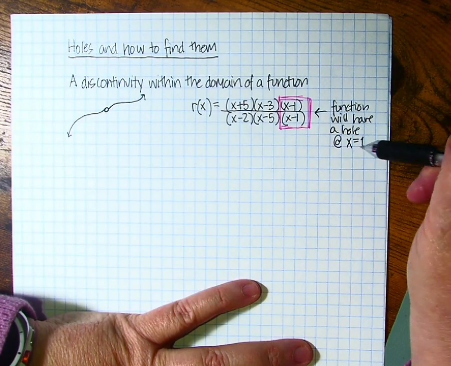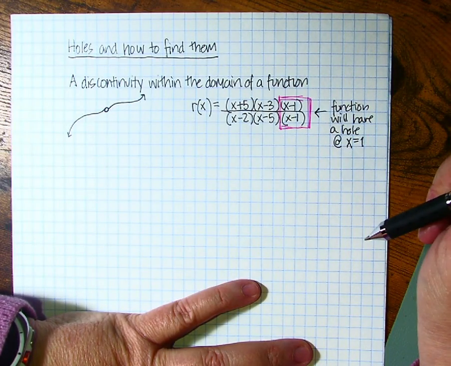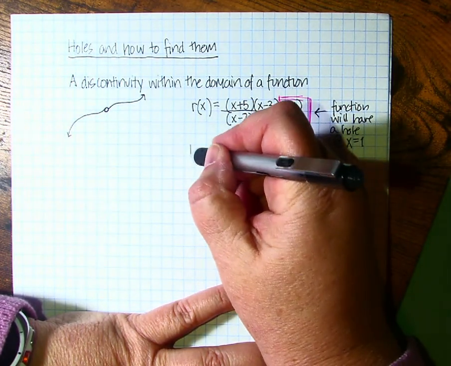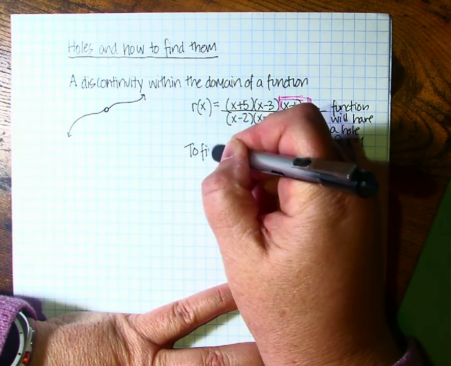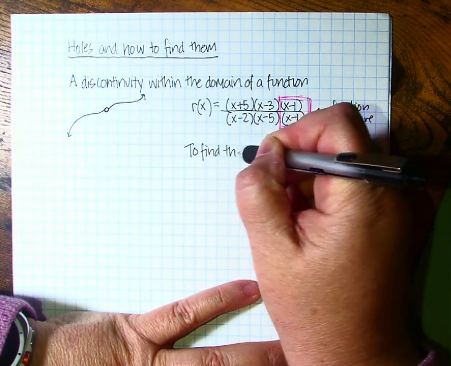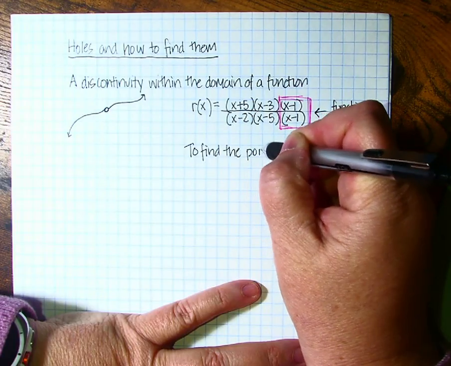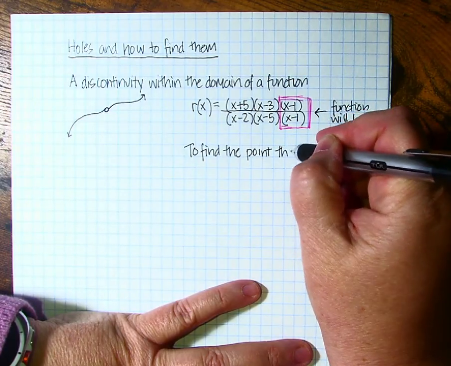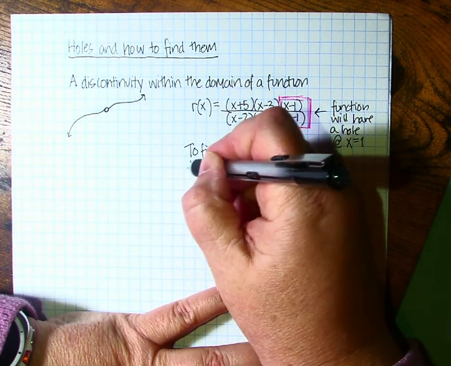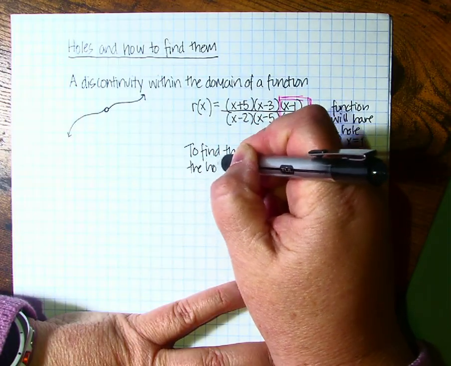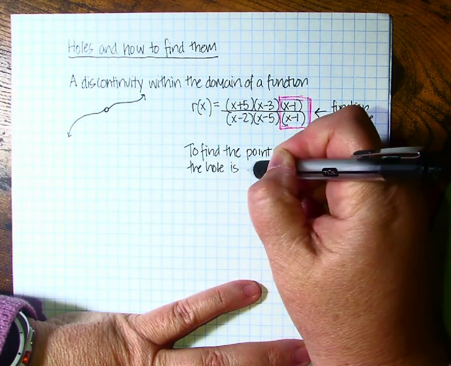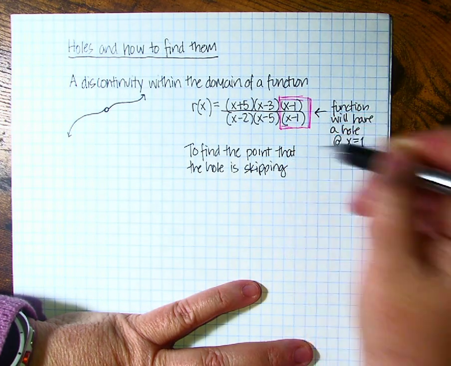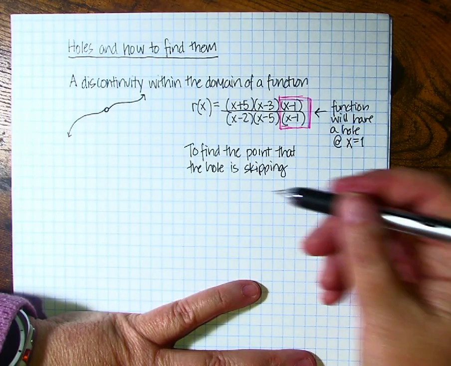Whatever zeroes this out is where your hole will be. So now we're going to find the point that the hole is skipping over. So what is the exact discontinuity?